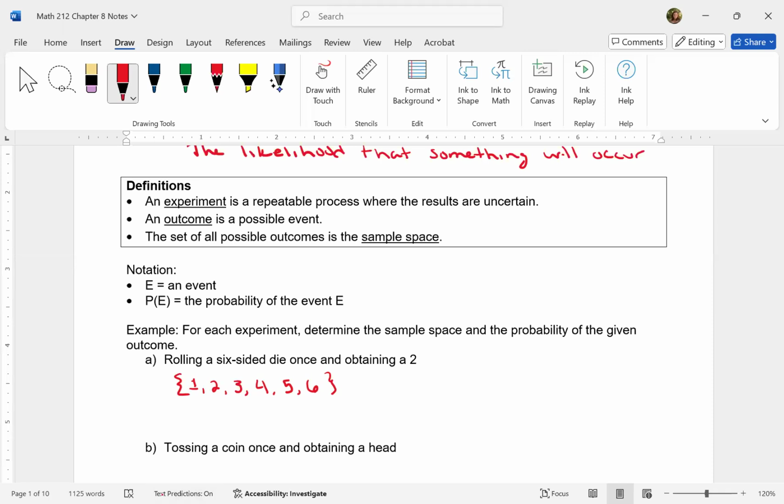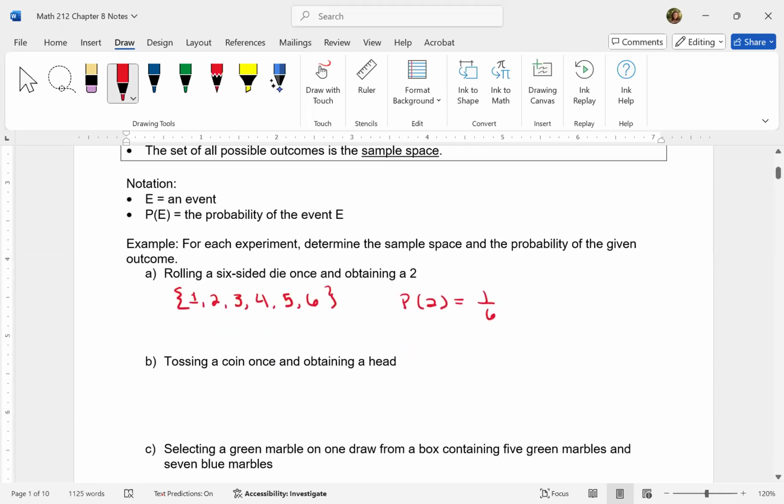The probability of obtaining a two is one outcome out of six, so we would write P(2) as 1 out of 6. Notice how I cheated in the way I wrote that probability notation for this particular problem. It makes sense when I'm saying that from the six-sided die, an outcome could be 2.